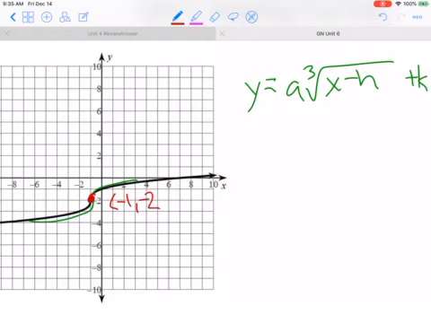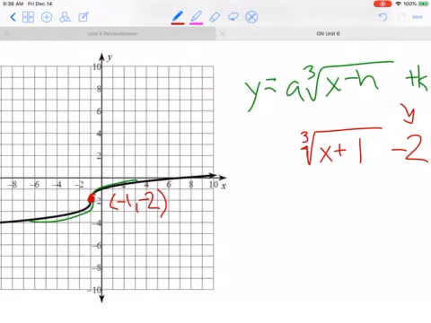And it's at -1, -2. So in our equation, it's going to be plus 1 and still the minus 2 at the end. Make sure the minus 2 is not under a radical. Has to be afterwards. And make sure that 3 is right on this shelf here, because you don't want to make it look like a is cubed.